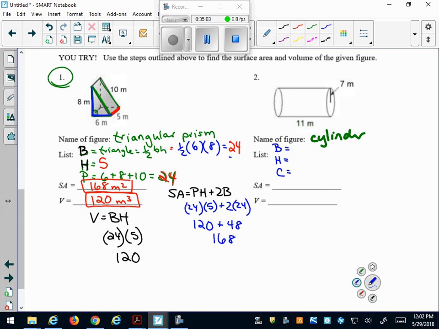Now, area of the base of a cylinder is a circle, so how do we find the area of a circle? Pi r squared. So if radius is 7, we're going to do pi times 7 squared, which is 49 pi.